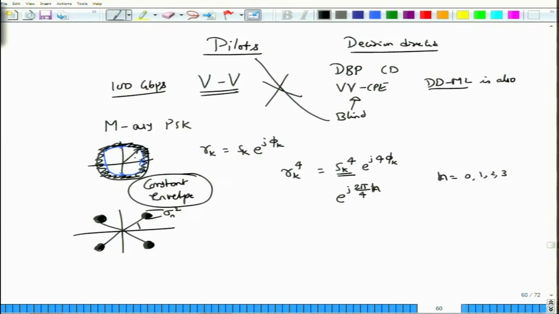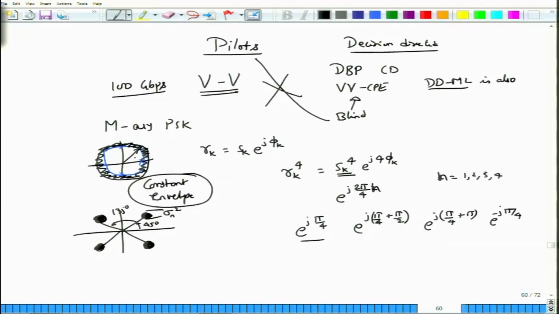This is 45 degrees, and therefore I need n equal to 1 to begin with, and then 135 degrees and so on. So the first one is e power j pi by 4, the second one is e power j pi by 4 plus pi by 2, then e power j pi by 4 plus pi, and then you have e power minus j pi by 4.